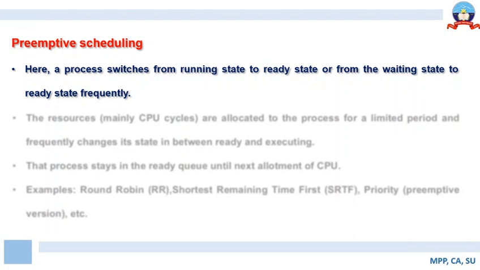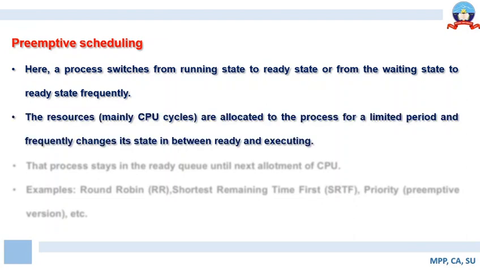So a process switches continuously between the running state and the ready state, or the waiting state and the ready state. The resource that is allocated to the process is released and assigned to some other process. As I've said, it may be because of priority or because of time slice. Because of this, there is a frequent change in the state of the process between ready and executing.